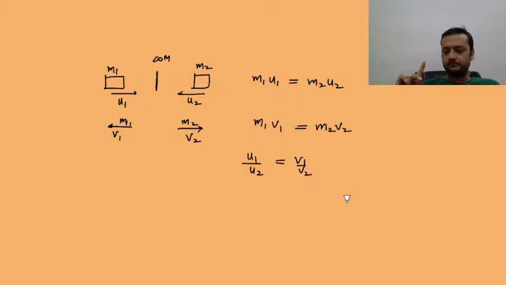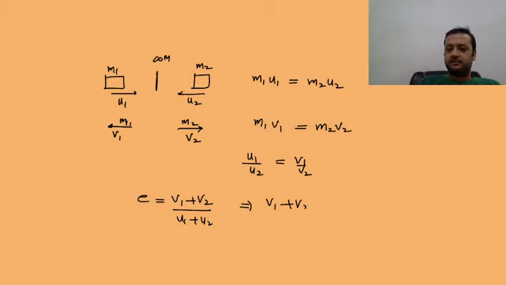First thing. Second point is that velocity of separation upon velocity of approach is what E says. So what is the velocity of separation after the collision? That is v1 plus v2. And what was the velocity of approach before the collision? That was u1 plus u2. That means we have got v1 plus v2 equals E times u1 plus u2.